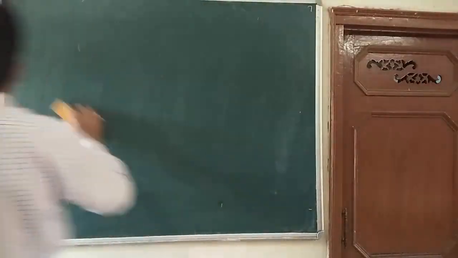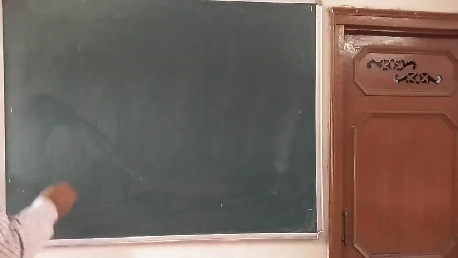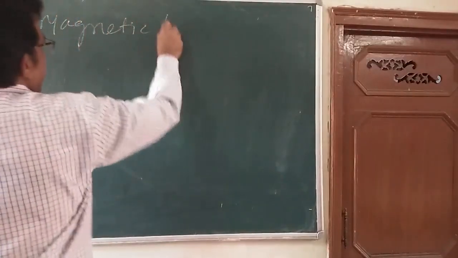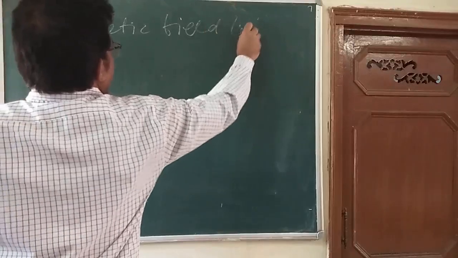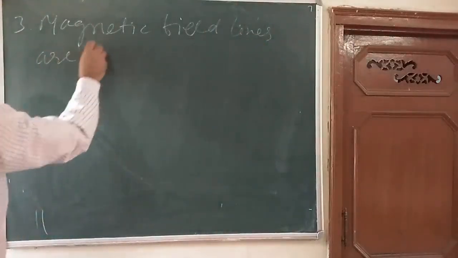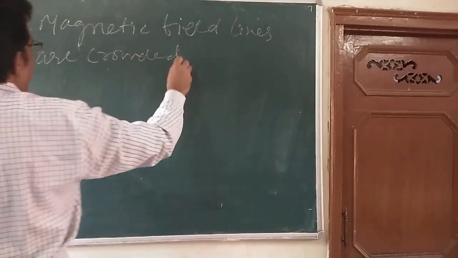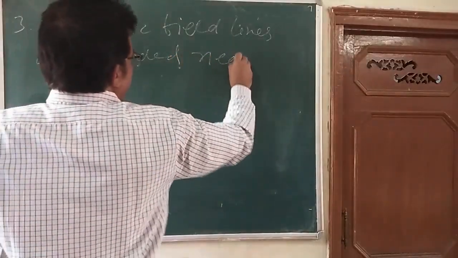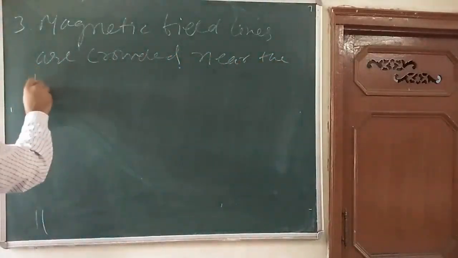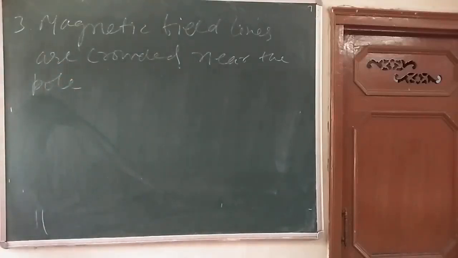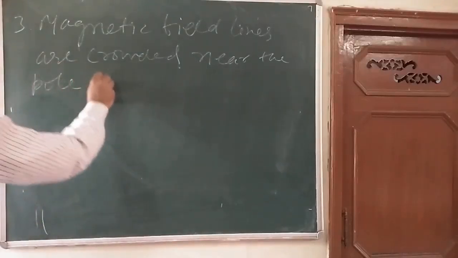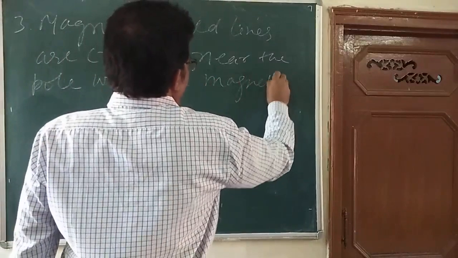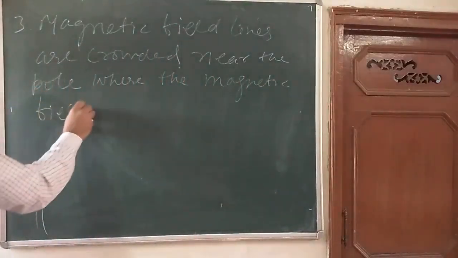You see in the figure again, the magnetic field lines are crowded near the pole, where the magnetic field is strong.